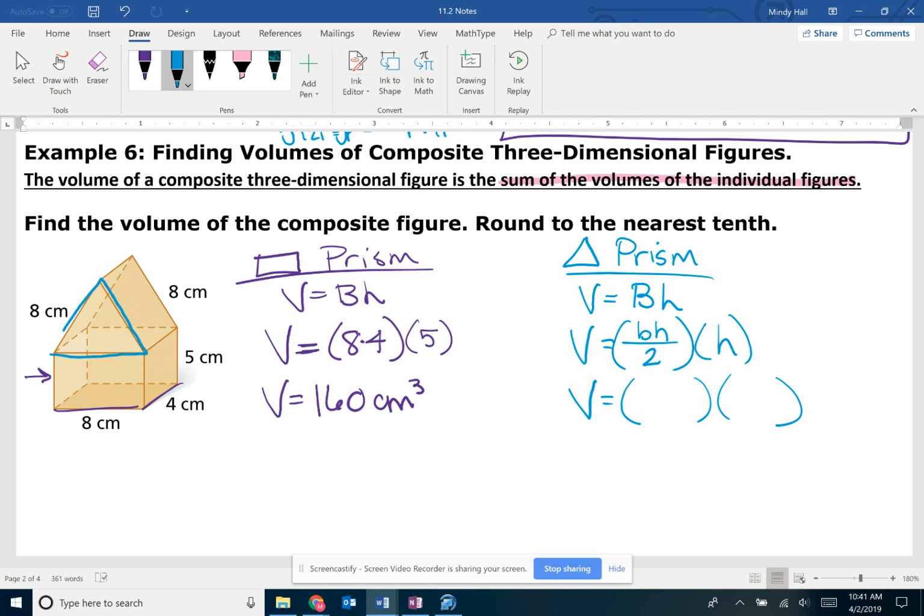This triangle is my base, even though it's not sitting on the bottom, so this other side here is my height. That means 4 is the height of this prism.